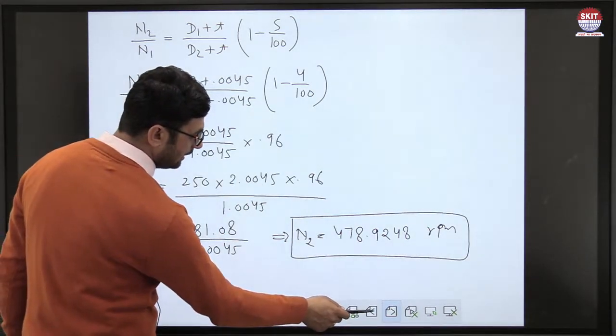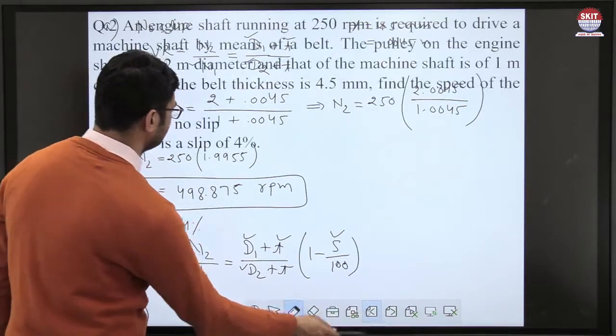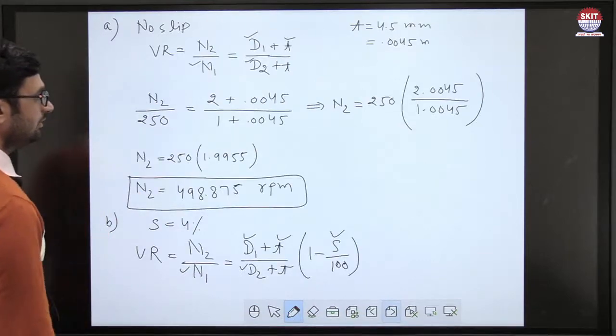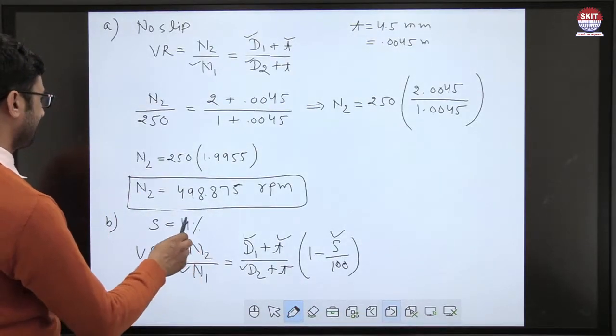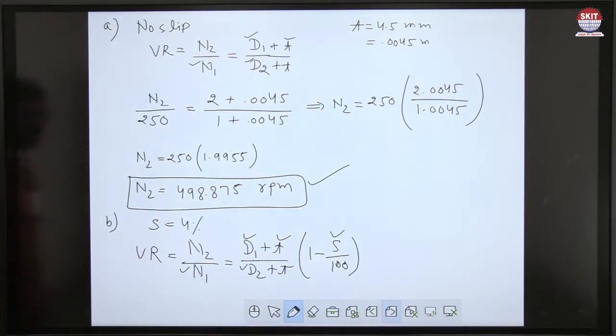If there is no slip, the value of N2 is 498.87.